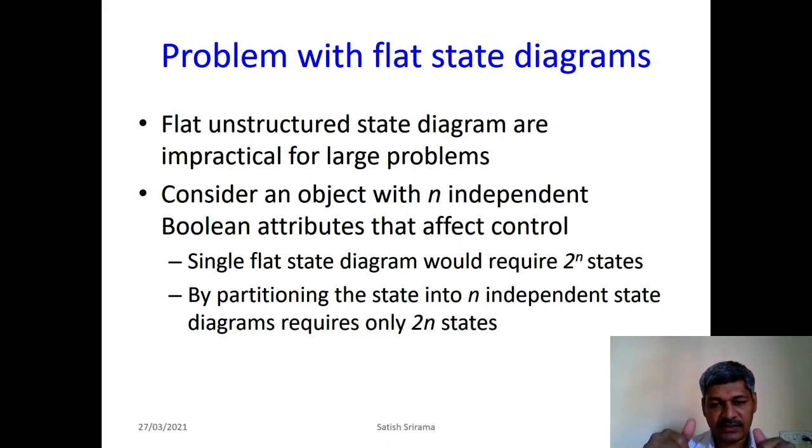Each state diagram represents, for example, one Boolean attribute. It will be yes or no. It can be an independent state diagram. And then if you put these independent state diagrams together, you will have only 2n states in a single diagram. So basically we need to restructure it somehow so that it becomes practical. Unstructured state diagrams are highly impractical for that purpose.